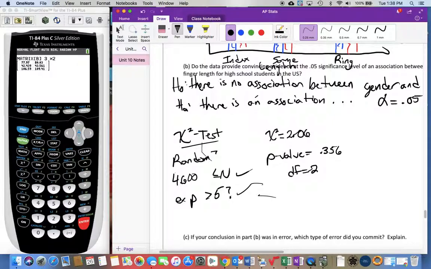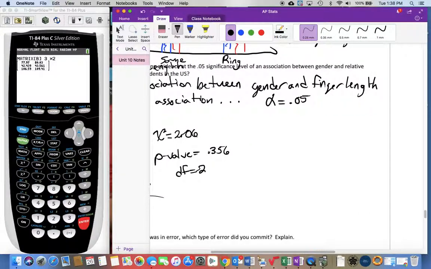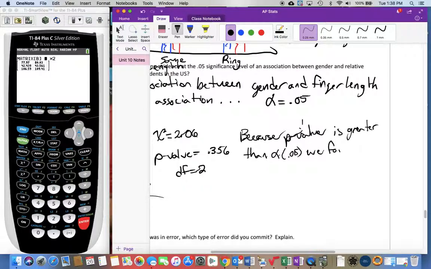Okay, so the last thing that we need to do is write our conclusion. So because our p-value is greater than our significance level of 0.05, we would fail to reject our null hypothesis.